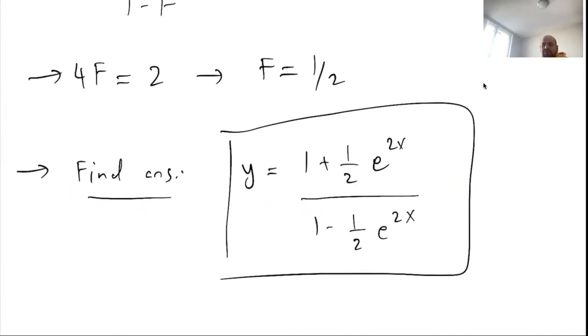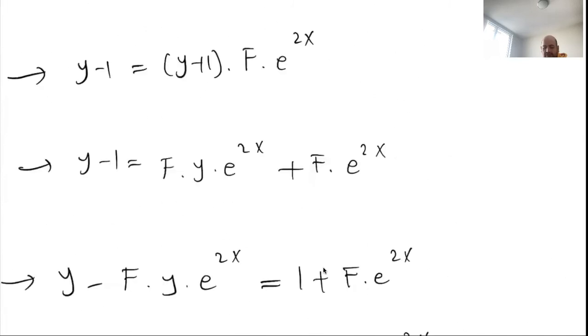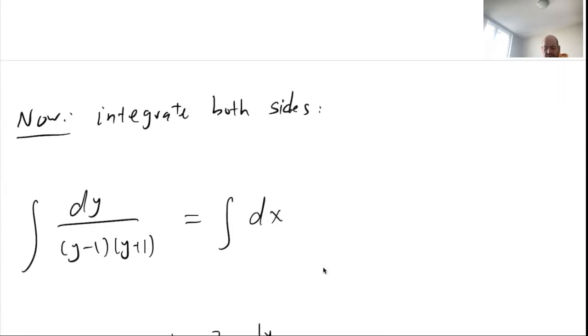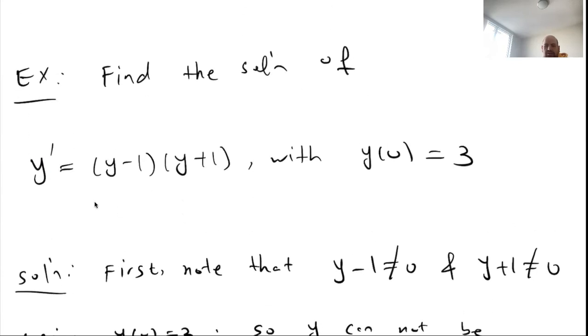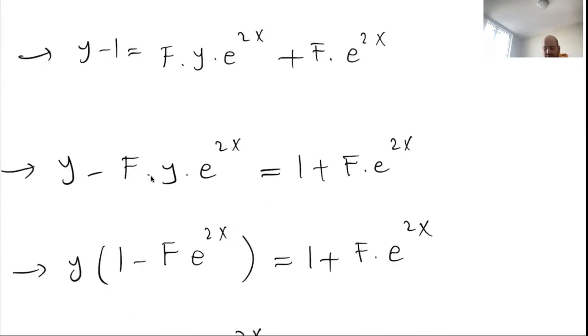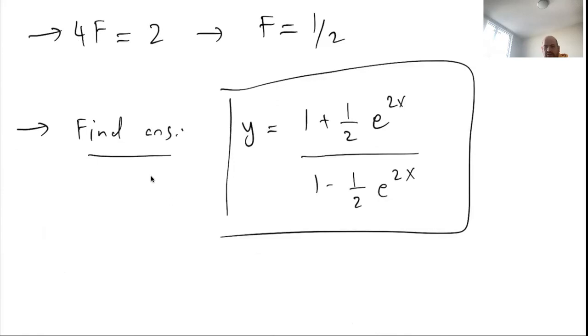And if you want to verify this solution, of course, you can differentiate this function, find y prime. You can use the quotient rule to find y prime. And then you can also find y minus 1 times y plus 1. Remember, y prime is supposed to be y minus 1 times y plus 1. You can easily find y minus 1, this is your y, and you can also easily find y plus 1.